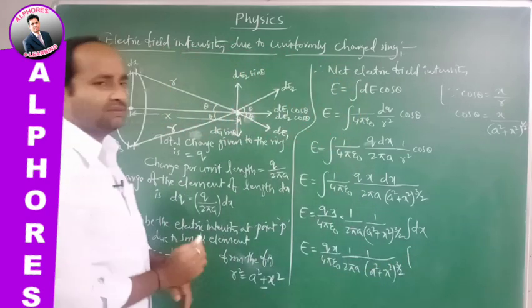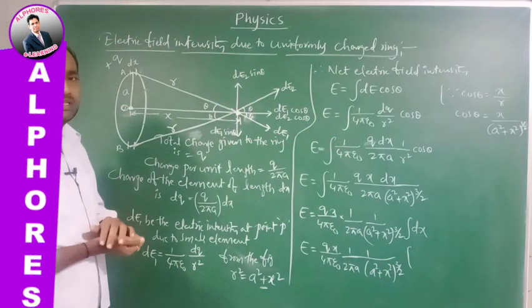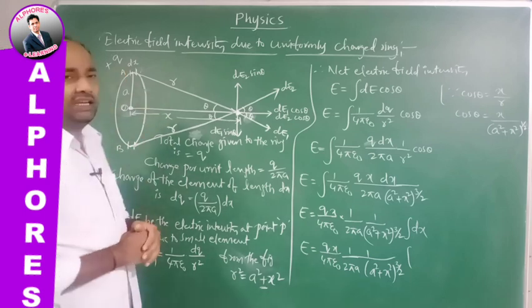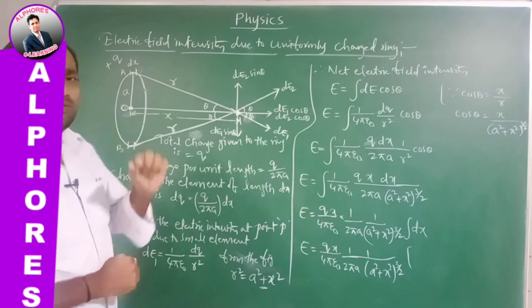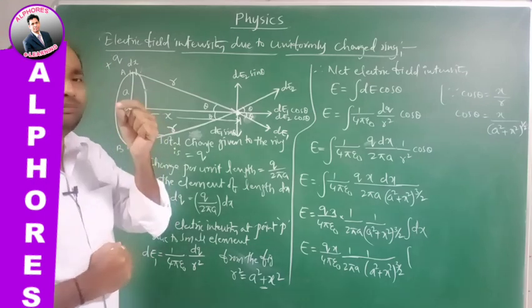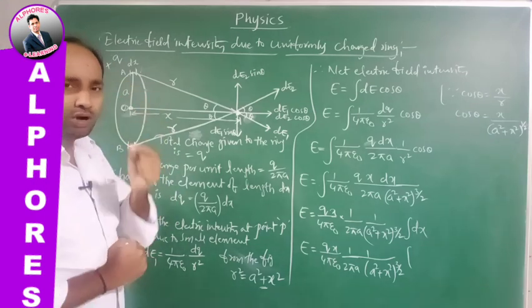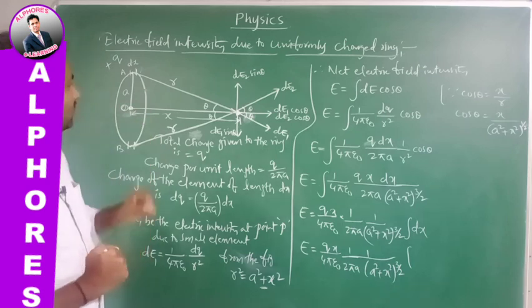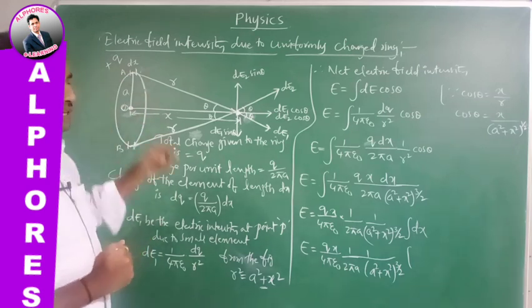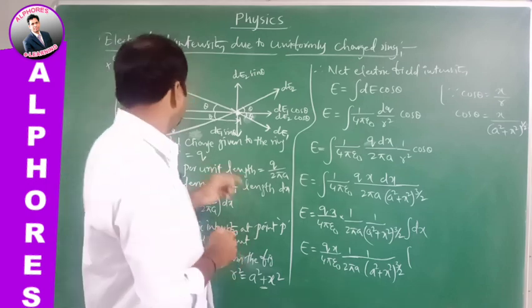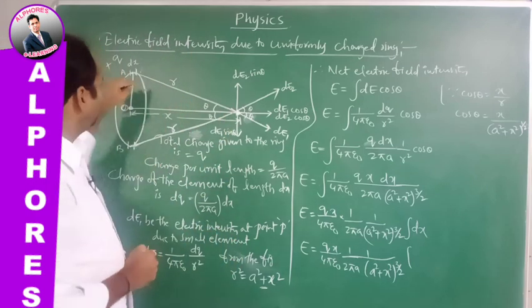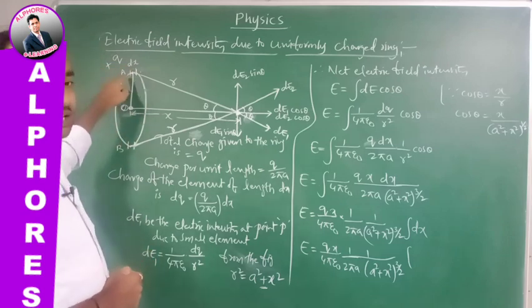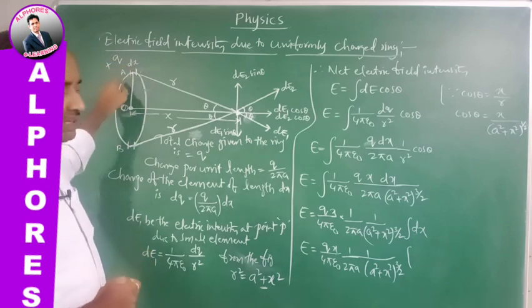Here, what is dx? We have taken dx to be an infinitesimally small element of the circle. So integration of dx means the total length of the circle. Here integration of dx means x, where x is the length of the circle.